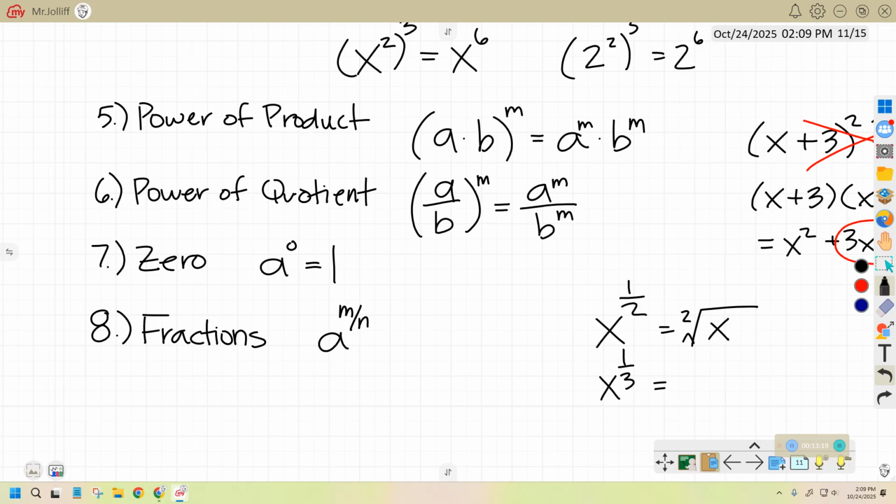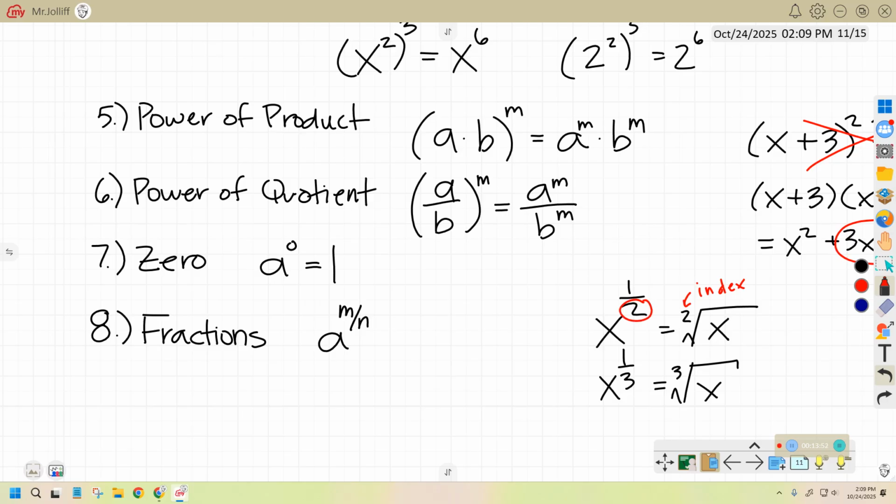1/3 means what? Cube root, yeah. This number that we don't usually write for square root, that you see out in front, is called the index of the root. You'll notice that the index of the root matches the number in the bottom of the fraction.